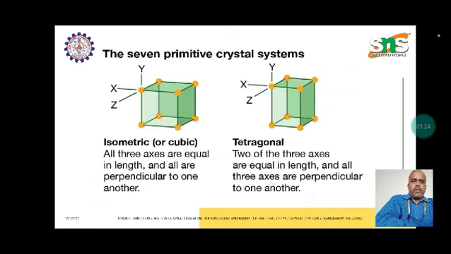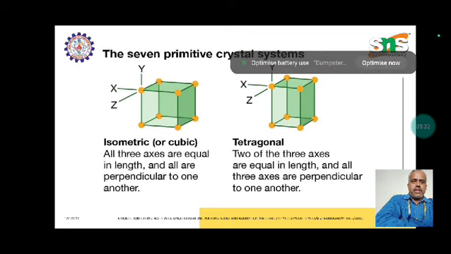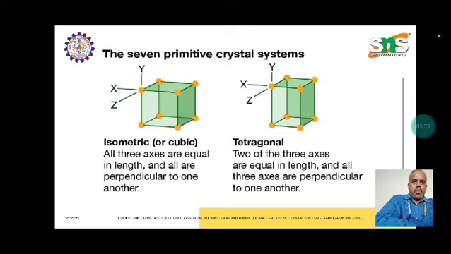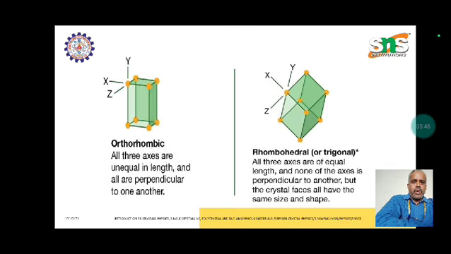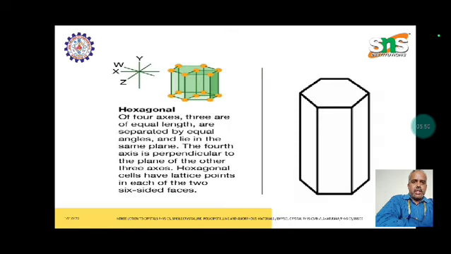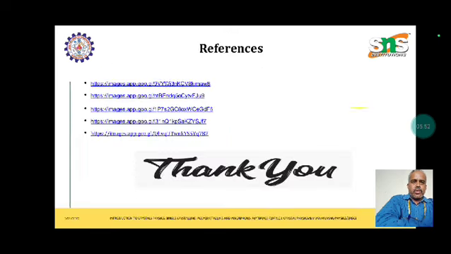The 7 primitive crystal systems we discussed fall under the category of unit cells, based on the X, Y, Z axes, that means three-dimensional formations. They are cubic, tetragonal, monoclinic, orthorhombic, rhombohedral or trigonal, and hexagonal. So these are the 7 types of crystal system.